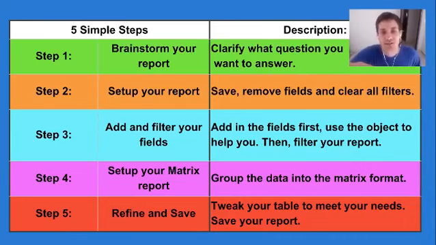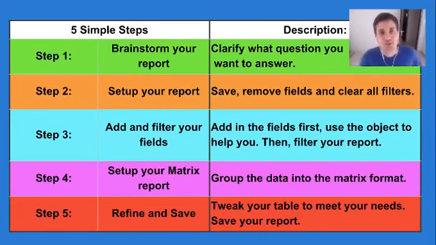And step 4, we set up our matrix report. In the final step, we just refined it. I made sure that I hid the details and that I saved this report. So you have actually, if you followed these steps, built yourself a matrix report. And I encourage you to practice along with me and put a note in the comments if I can help out with any of the questions that you might have about the steps that I've taken.